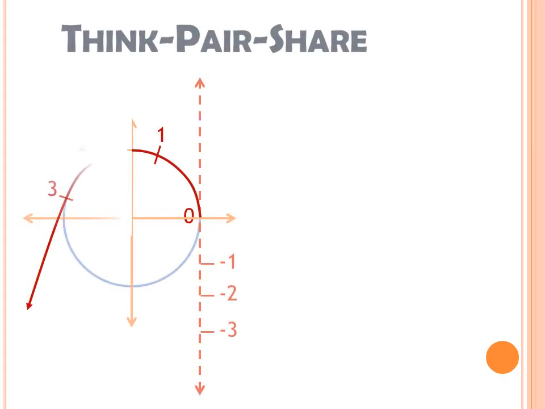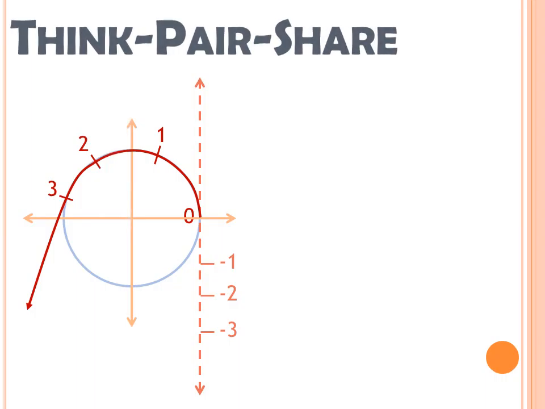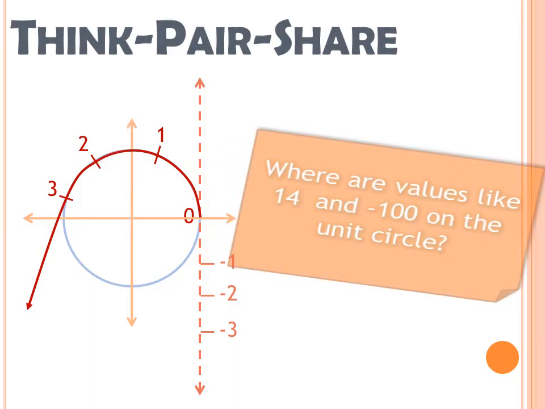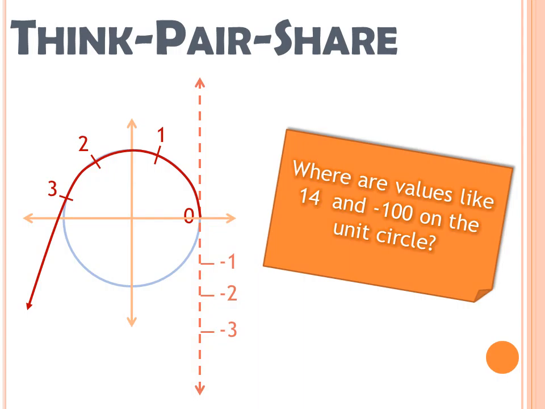Now let us try doing some exercise. We'll be doing think, pair, share. Where do you think are the values like 14 and negative 100 located on the unit circle? Note that approximately one circle is 2 pi, or pi is 3.14.